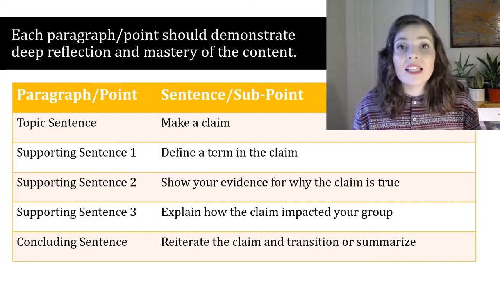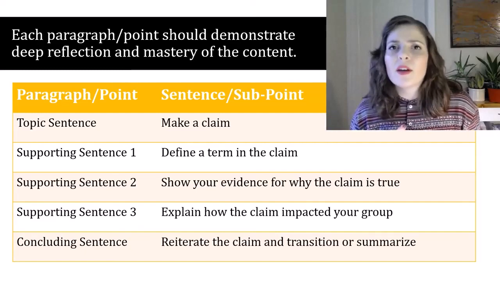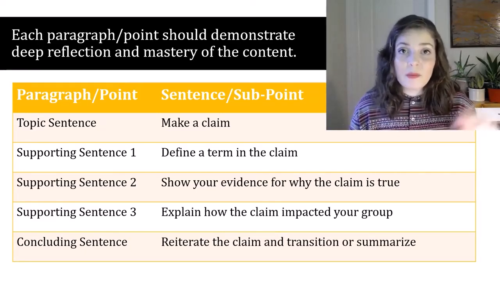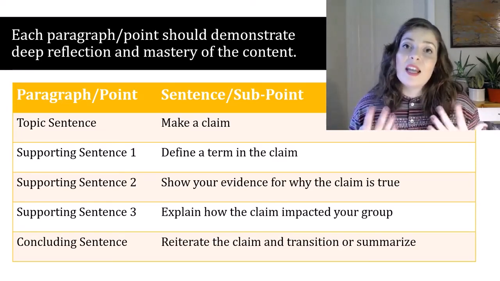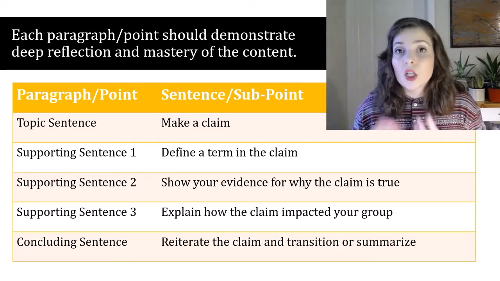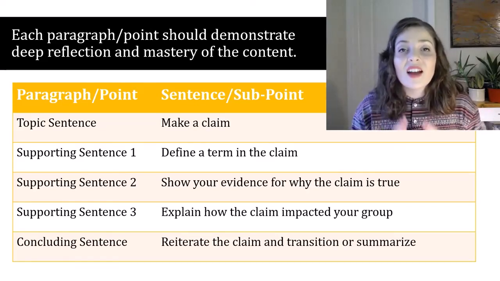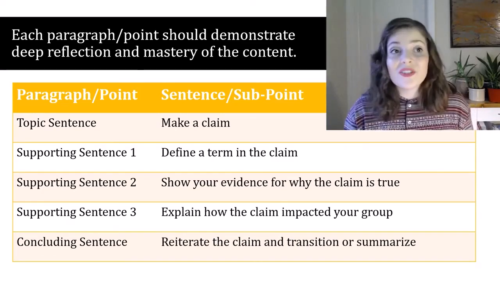After you've made that claim, define one of the key terms in that claim that your audience might not be familiar with. Then you can show your evidence as for why the claim is true. Maybe cite an outside source or tell a personal story and explain how that claim impacted a group or impacted the world or impacted you. And then finally reiterate your claim and transition or summarize as you move to the next point.